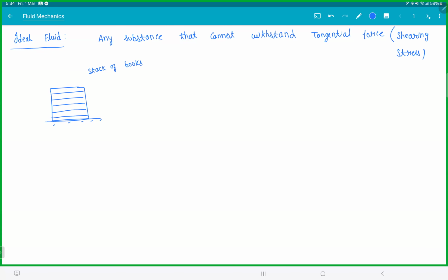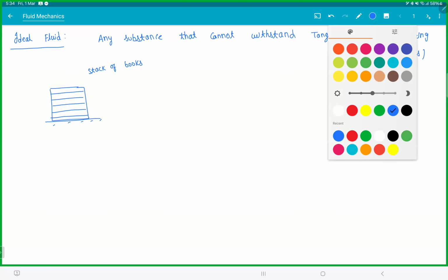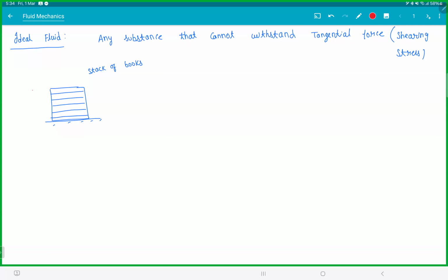Others, you need to keep your cams on. And let's say if you apply force on this, this is what we observe. The books will start sliding on top of each other.